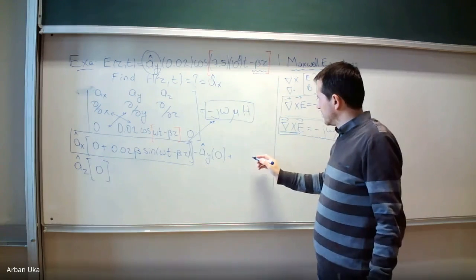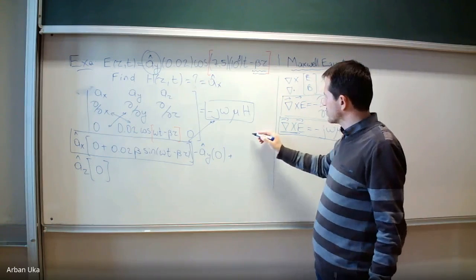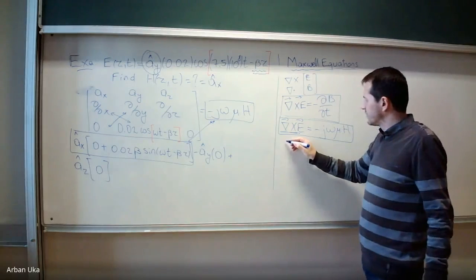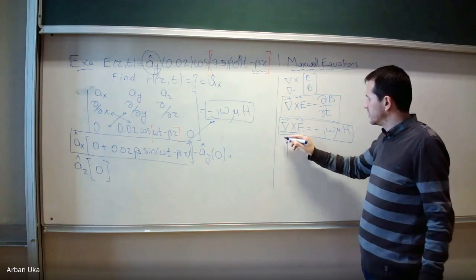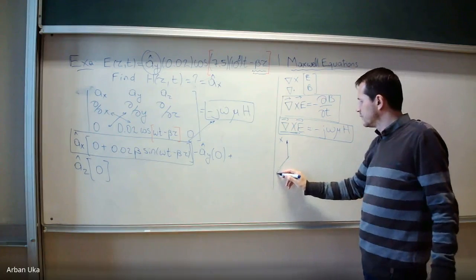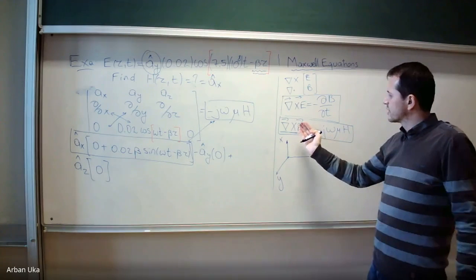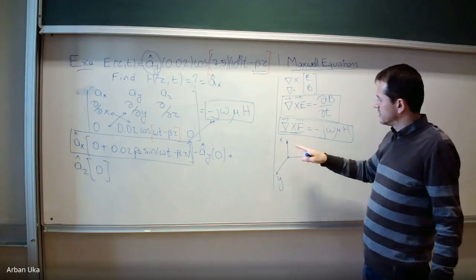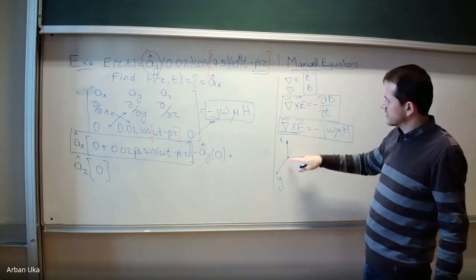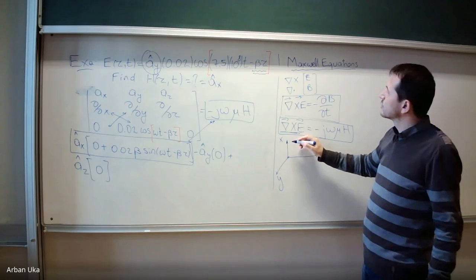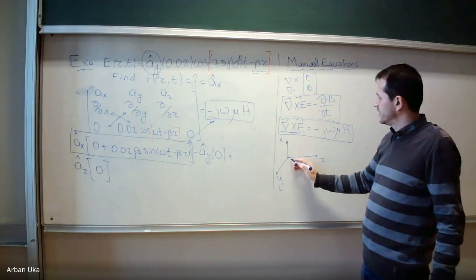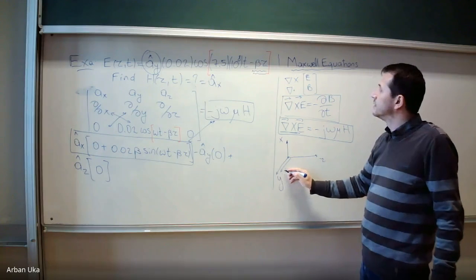So currently, let's try to draw this one. Let's assign x direction here. This is y, and this is the z. So we have the right-hand rule along the x, y, and z. So it looks like E is here along the y.